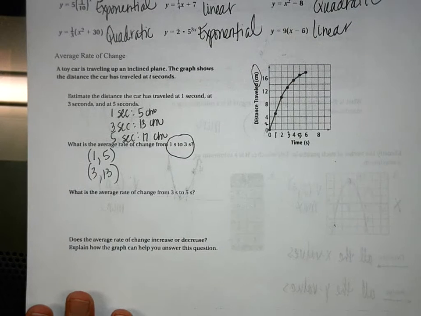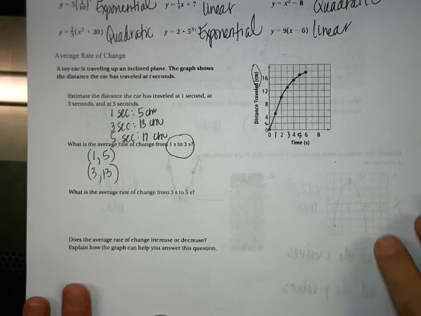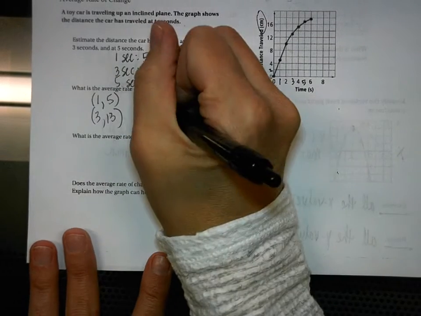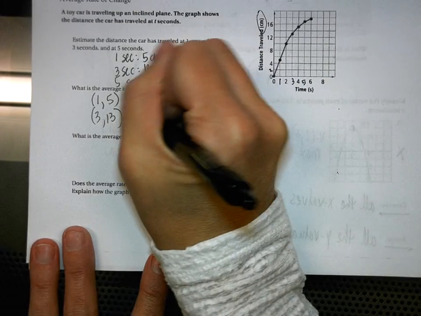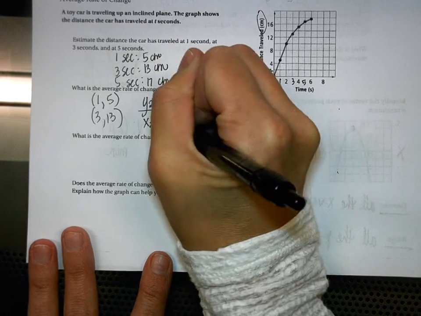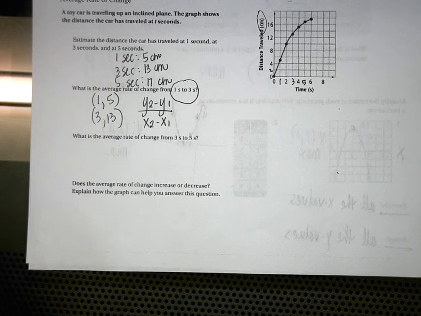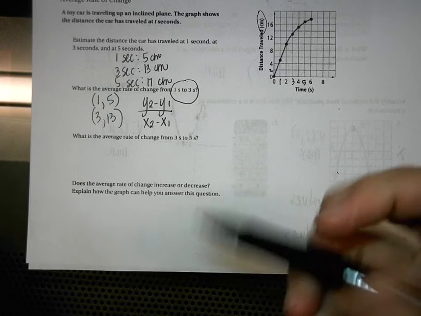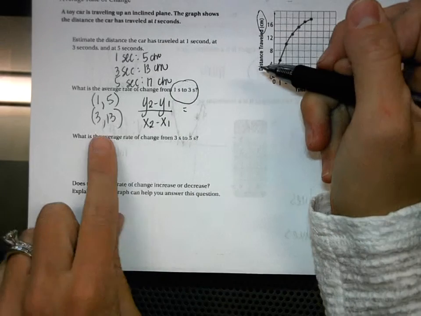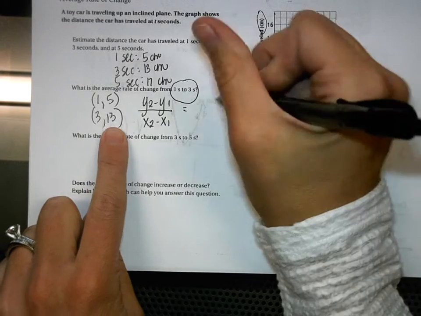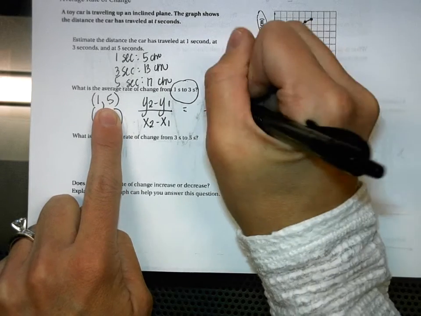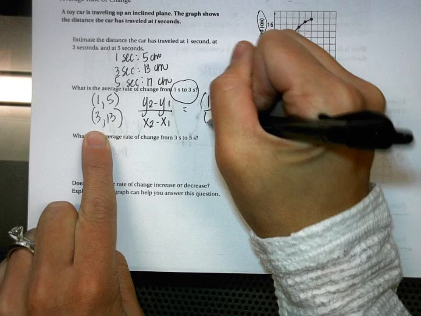Is everybody okay with that information? Okay, do you guys remember how to find the slope? Yes. How do you find slope? Good. So remember, slope is rise over run. So we're subtracting our y's over subtracting the x's. You just want to make sure you go in the same order. So I don't have to deal with negatives, I'm going to start with the second one. So we go 13 minus 5, because I'm subtracting my y's, over my x's, 3 minus 1.